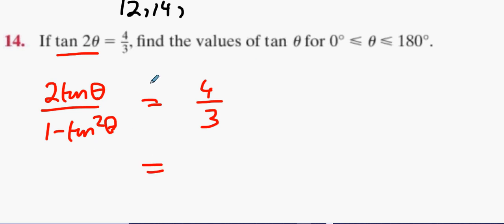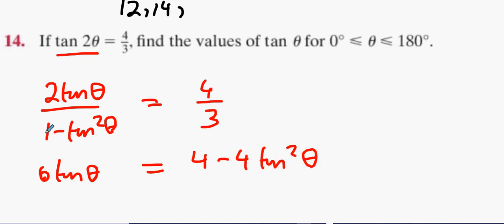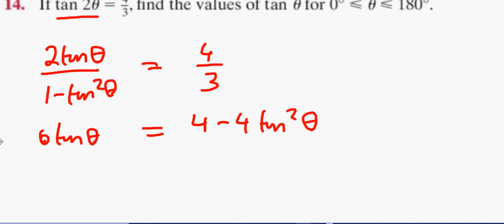Multiply 2 tan theta by 3 to get 6 tan theta. Multiply 1 minus tan squared theta by 4 to get 4 minus 4 tan squared theta. Okay? And what else can we do? Anybody care to tell me?